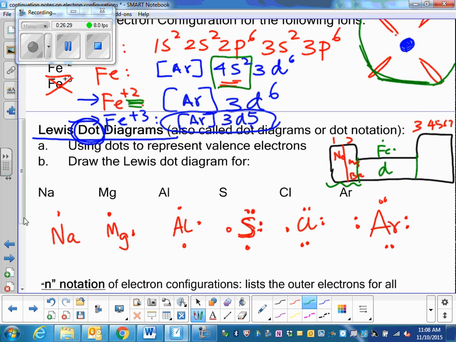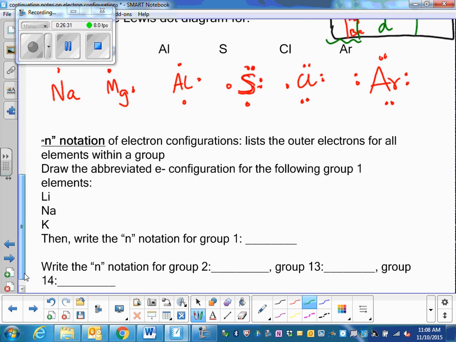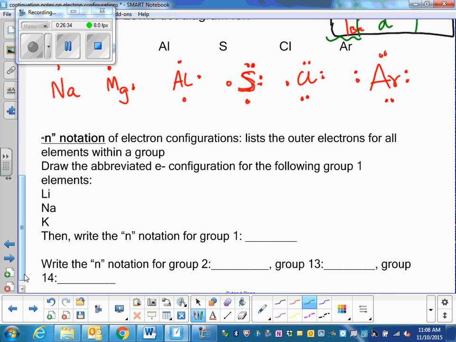All right. N notation. N notation again has to do with writing the electron configurations using the periodic table. All of these elements in group 1 end with what? It's 1s1, 2s1, 3s1, 4s1, 5s1.